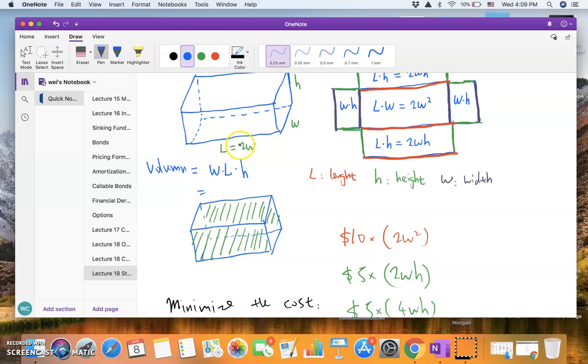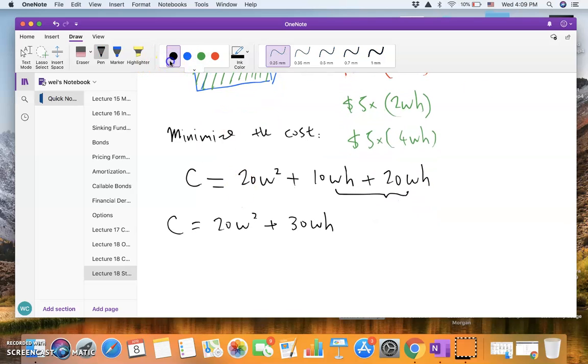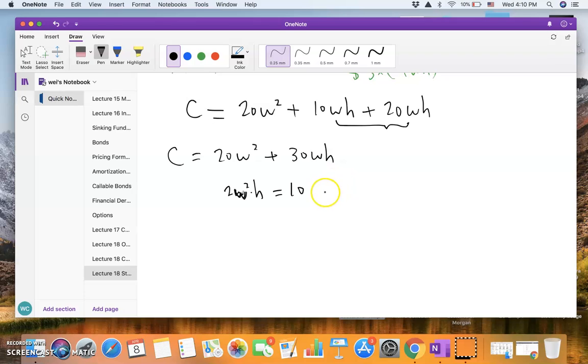Since the length is 2 times the width, it's 2W squared times H. Because this volume equals 10, the equation 2W squared H equals 10 is the constraint in this problem.